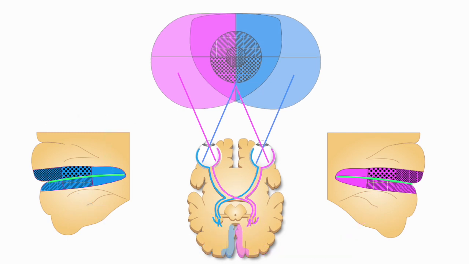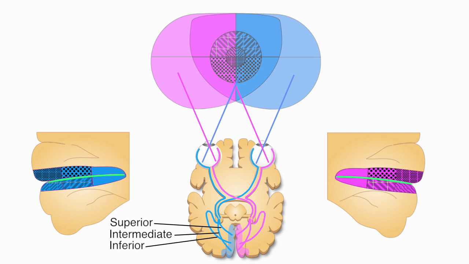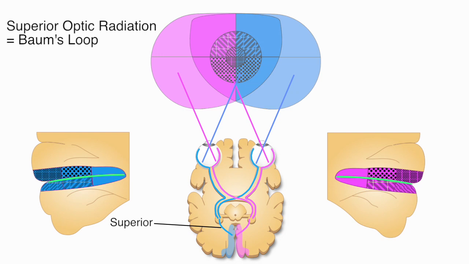The axons within the optic radiation follow the contour of the lateral wall of the lateral ventricle. They retain retinoptic organization, forming a superior, intermediate, and inferior division. The superior division, also known as Baum's loop, conveys information from the superior retinal quadrants, and therefore from the inferior visual field.